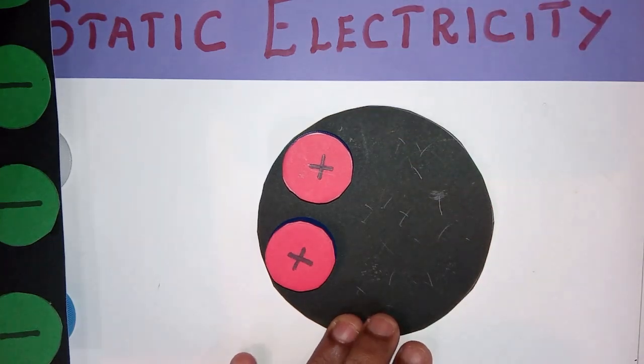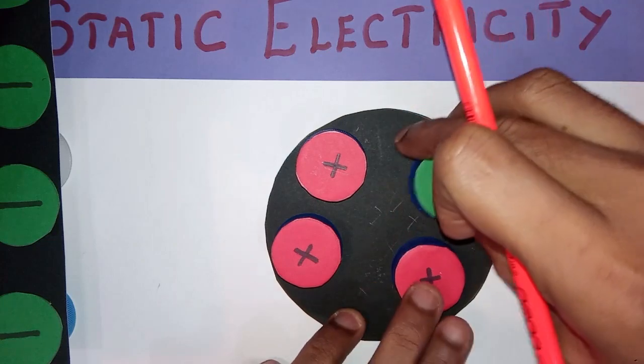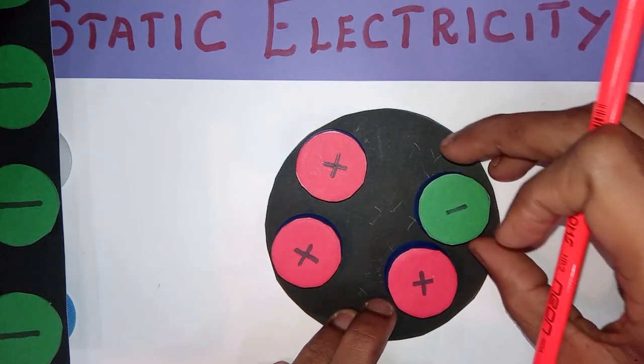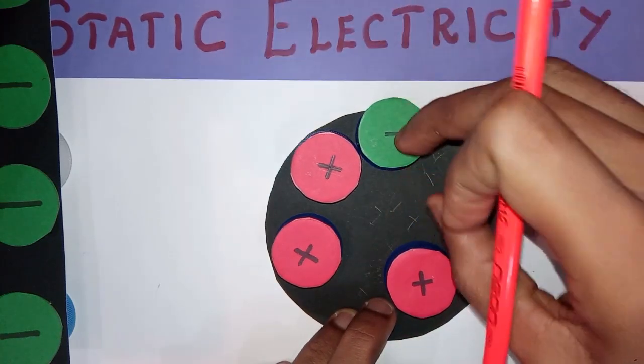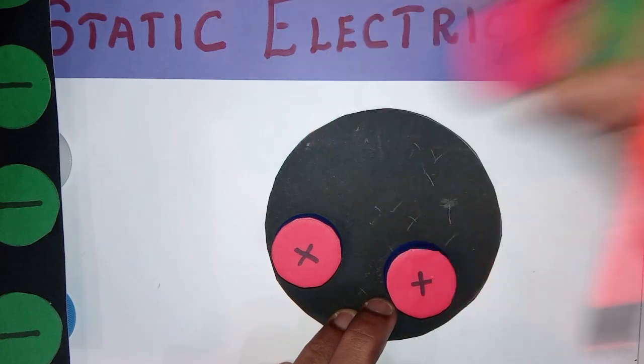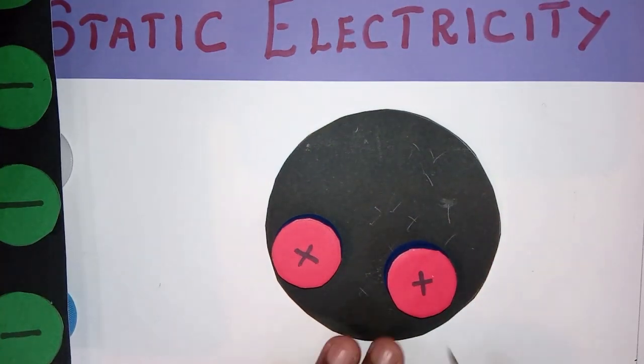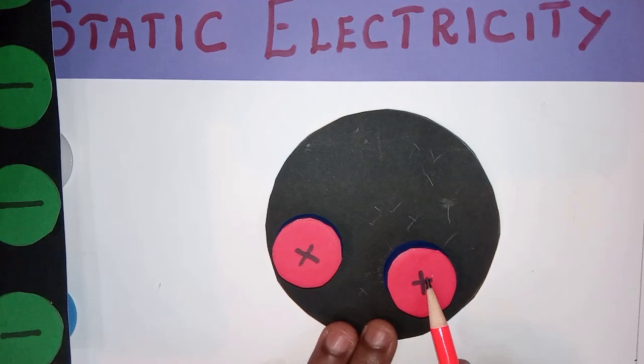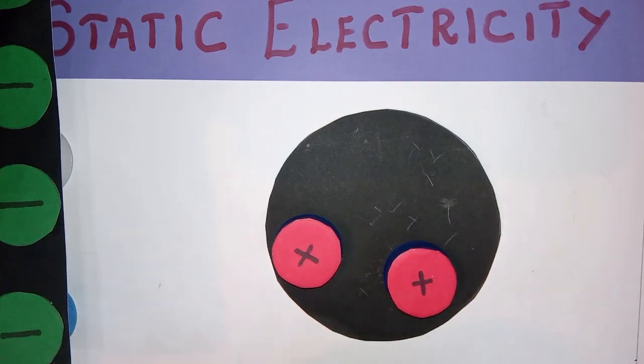For example, here 1 plus, 1 minus, neutral. What happens? This minus will go here and make this neutral. So see, the plus is here now. So only the positive charge distributes itself equally.